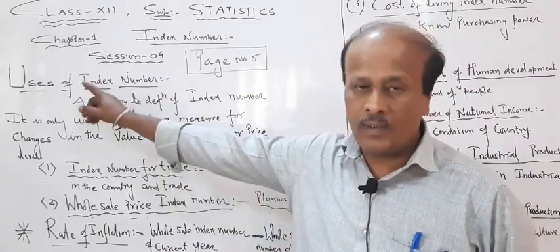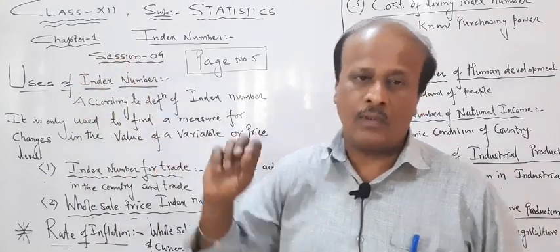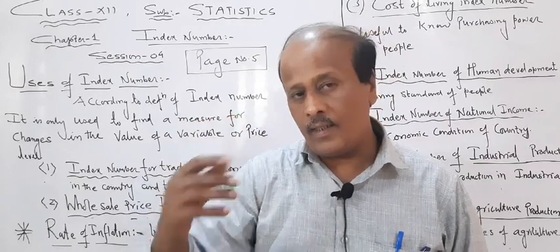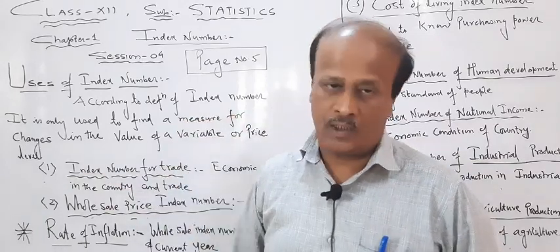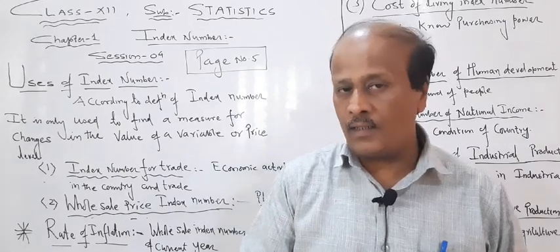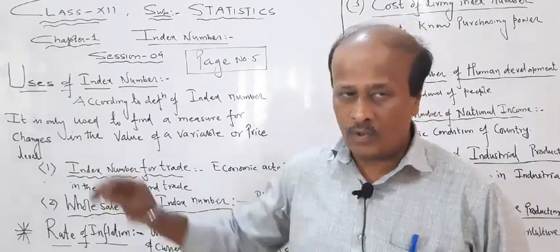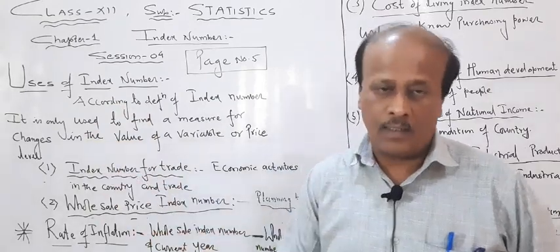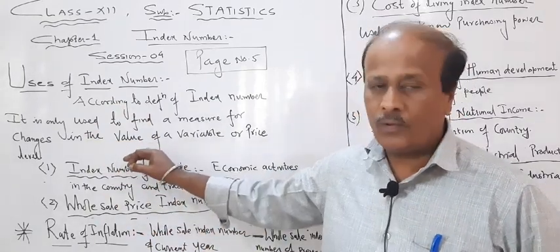So today one very important article which I am going to tell you is uses of index number. There are 7-8 uses given in your textbook, but usually I say it's an ideal theoretical question for 3 marks. So suppose this question comes for 3 marks, then what do you do?